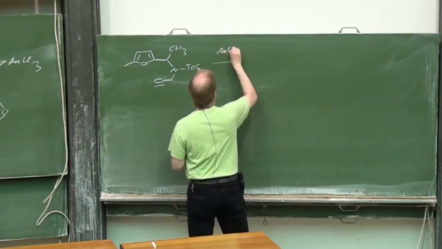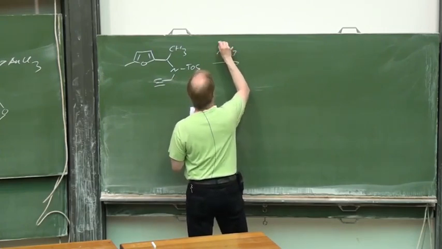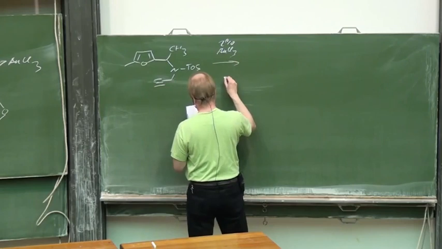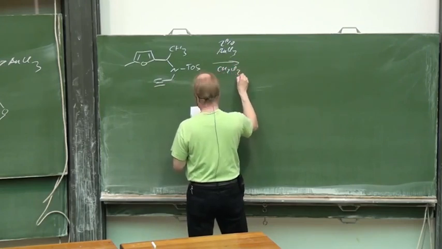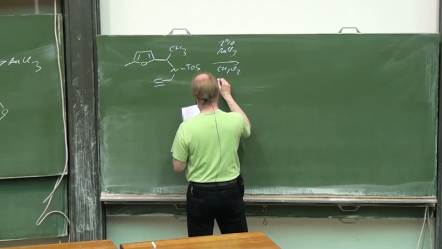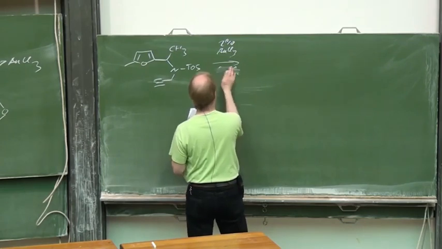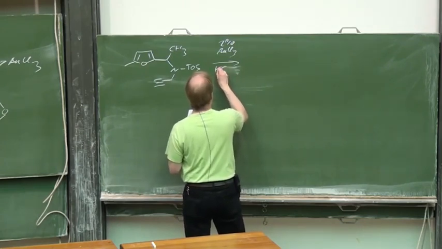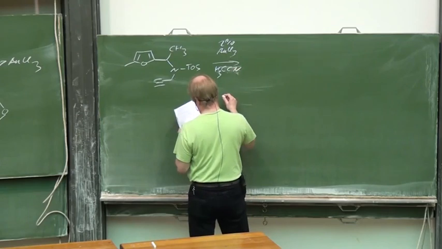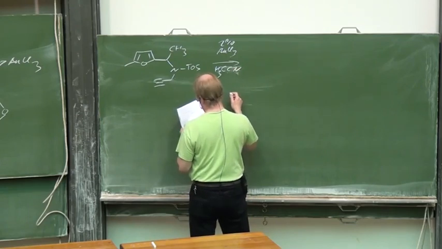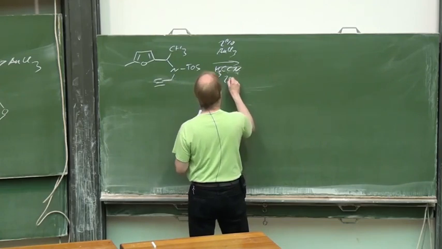Gold chloride, 2%, dichloromethane, oh no, again acetonitrile. Let's assume that presumably that is not that important, and it was also done at room temperature.